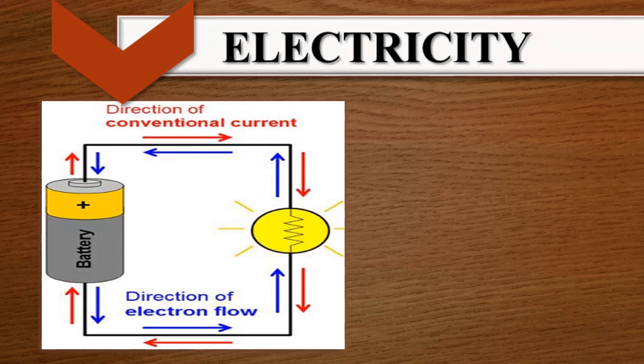When you join both sides of a battery with this type of wire, electricity starts to flow. But still we don't know what electricity is. Electricity is one kind of energy. How is this energy produced? This energy is produced when electrons start to move from one side to another.